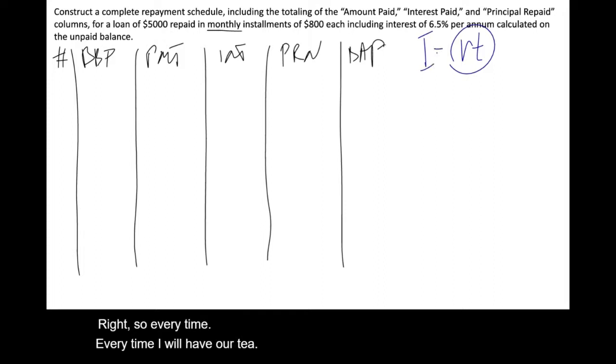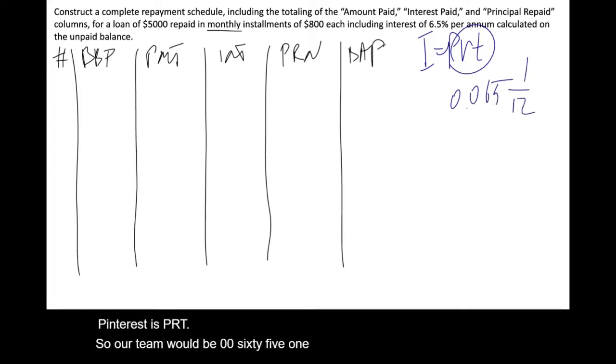Interest is PRT, so RT would be 0.065 times 1 over 12. Let's calculate that. I have an inconvenient number.